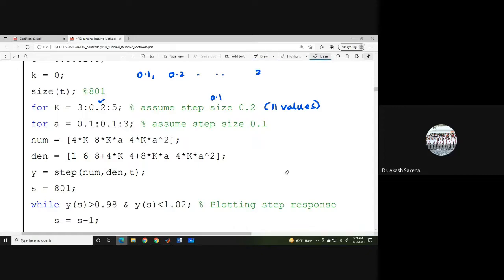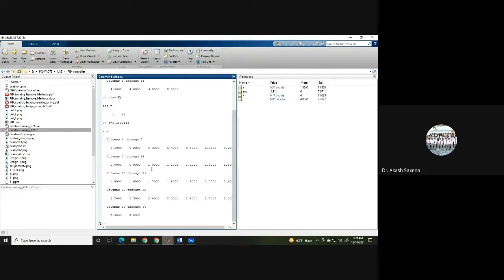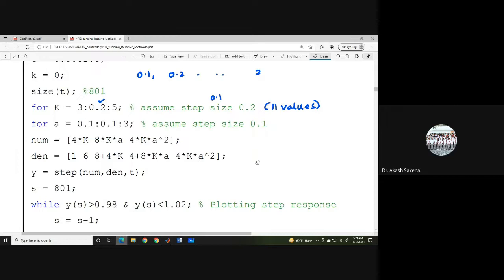So a is equal to 0.1 colon 0.1 colon 3, these are 30 values. So k has 11 values, and a will have 30 values.